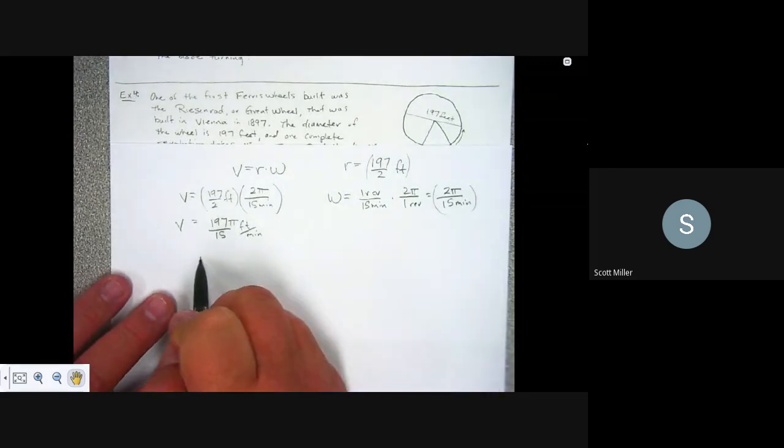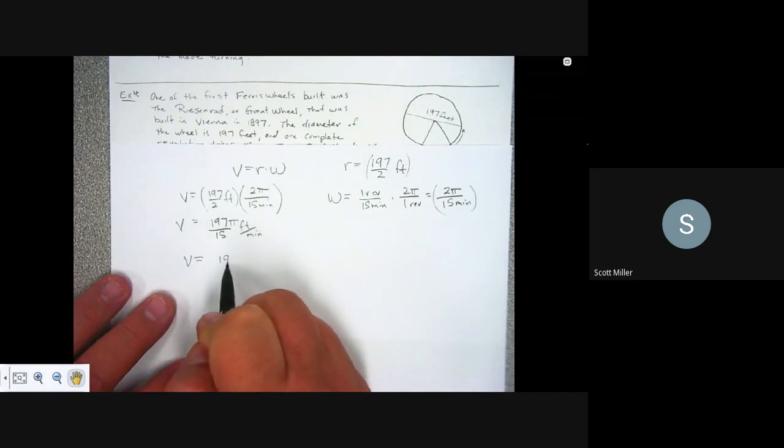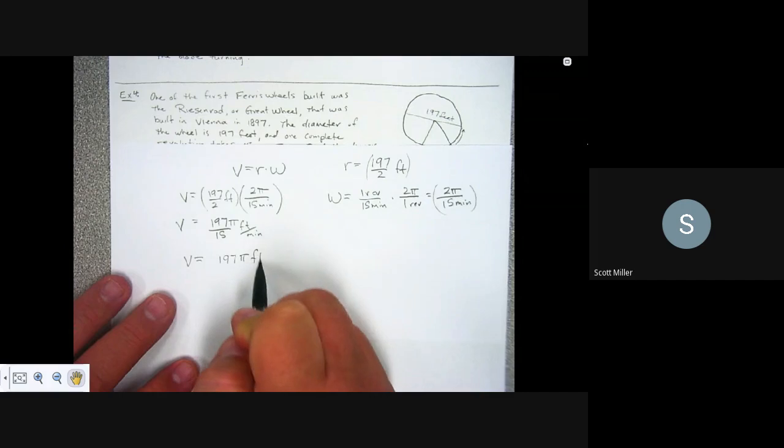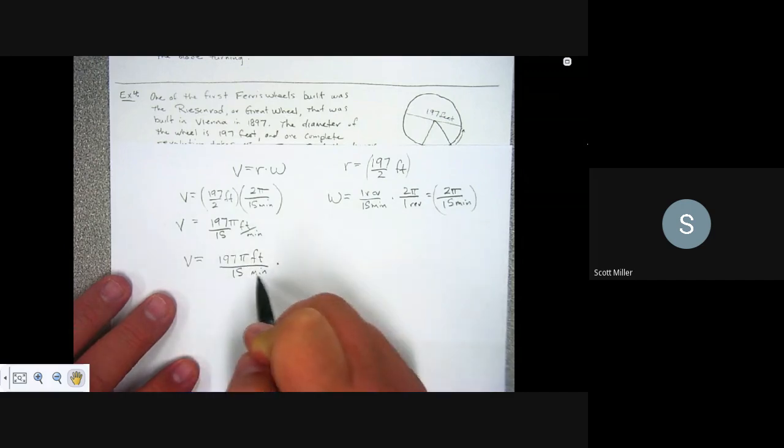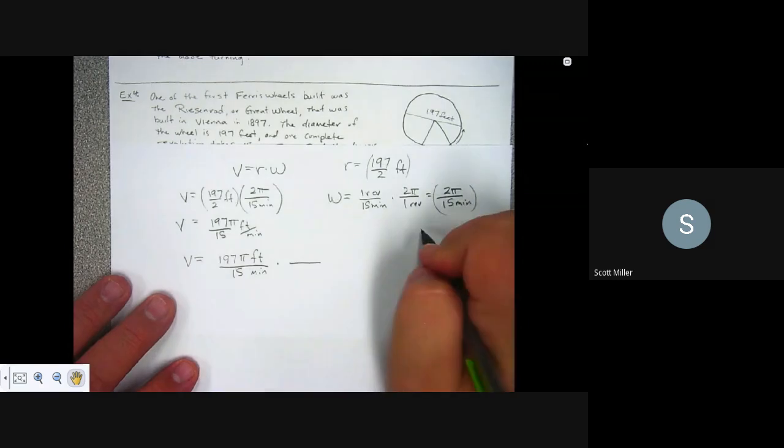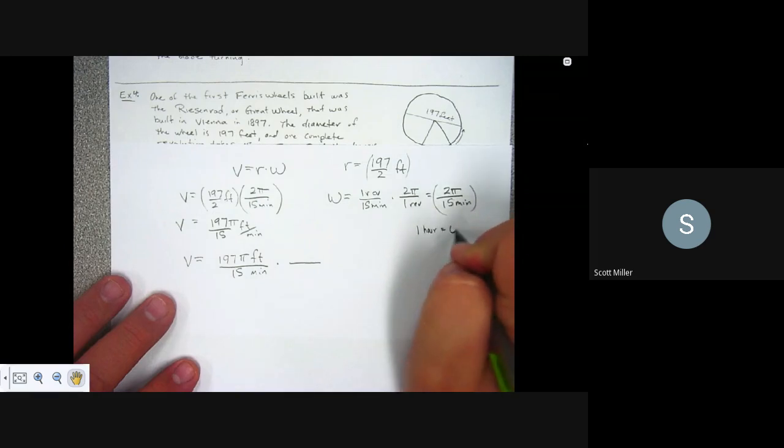We want to convert this answer right here into miles per hour. So there may be some of these that you don't know. This will be in feet. This is 15 minutes. So let's start with the time. For some conversions, I know that 1 hour is 60 minutes.